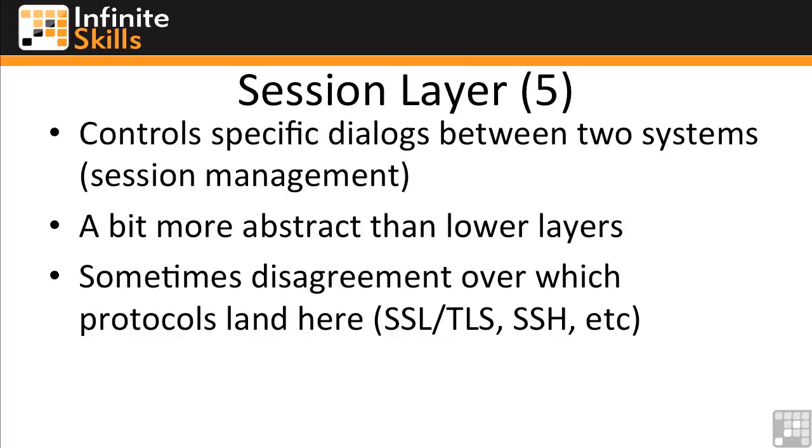So typically protocols like SSL and TLS as well as SSH would land in the session layer. There's also protocols like NetBIOS, for example, that typically gets dumped into the session layer because it manages the communication between two systems, and there actually is a session that gets set up as systems are exchanging files back and forth.